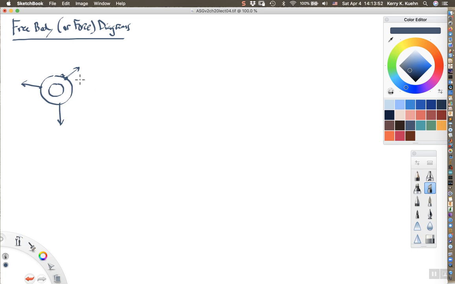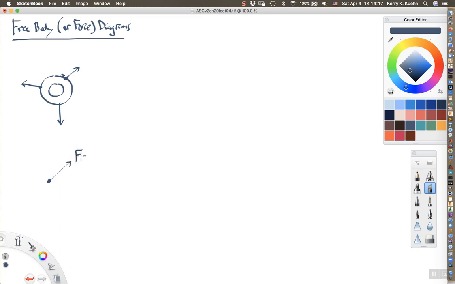Technically speaking, this looks like a force diagram because we've got the object and all the forces acting on it. But usually force diagrams or free body diagrams are simplified. You don't have to actually draw the object. You represent the object by simply a dot that represents our tire, and then we draw an arrow for each force that is pulling on it.